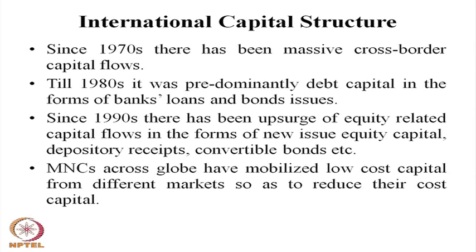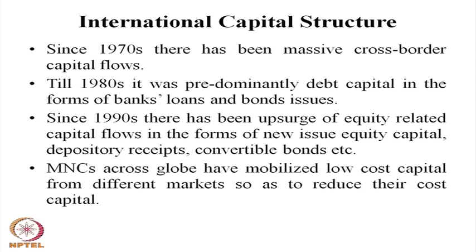After 1970, when the US delinked its currency, the US dollar, from gold, and allowed its own currency to be freely determined by market forces, that time the international capital market developed.